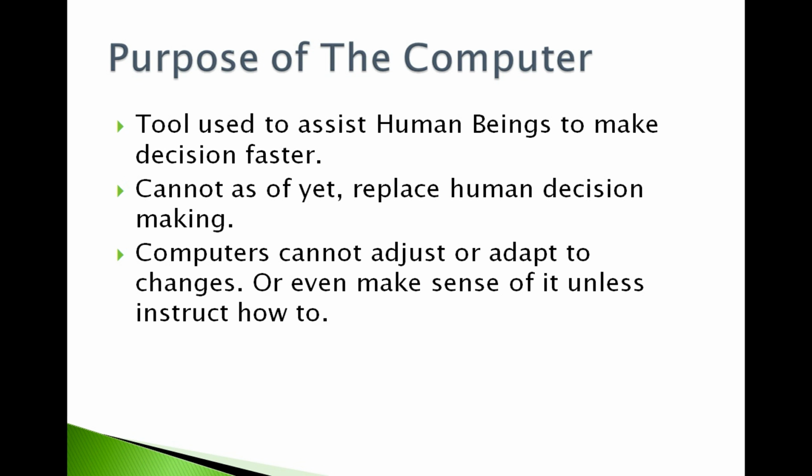And they cannot adjust or adapt to changes. The only way a computer can adjust or adapt to changes is when it's given instructions on how to adapt to those changes. So think of it this way: a computer has information and it also has instructions, and it manipulates whatever information is given depending on whatever the instructions are.